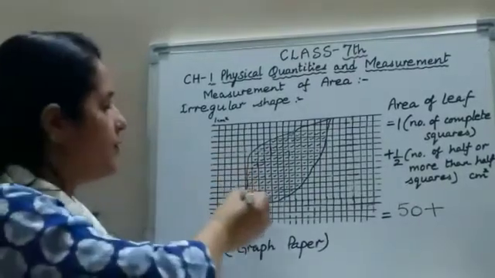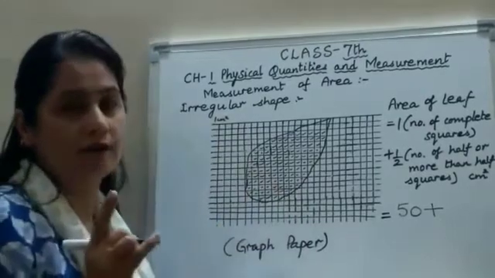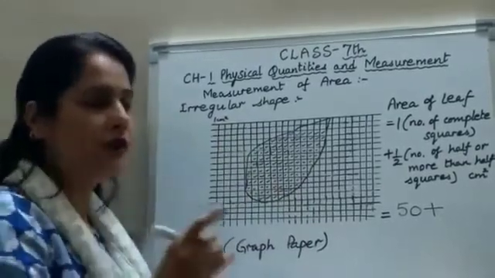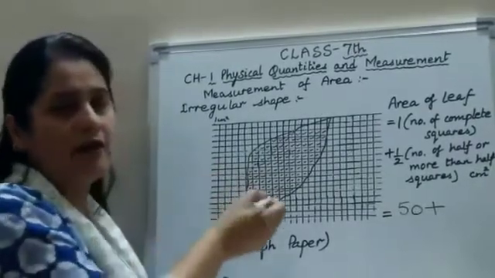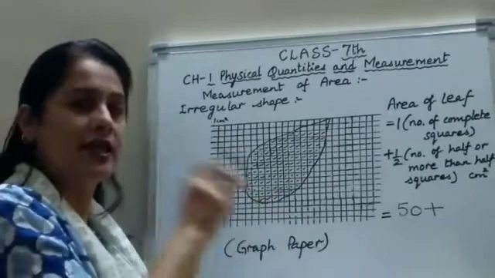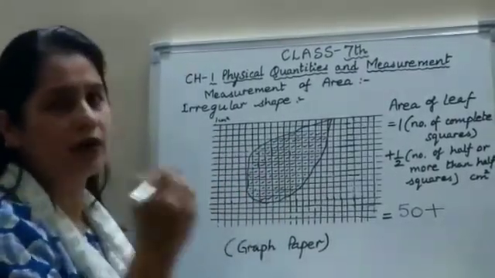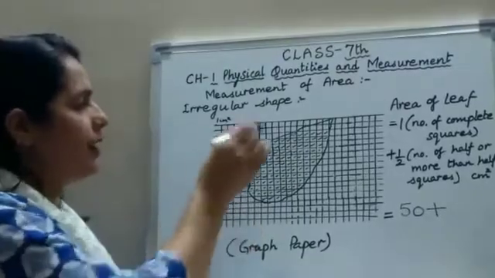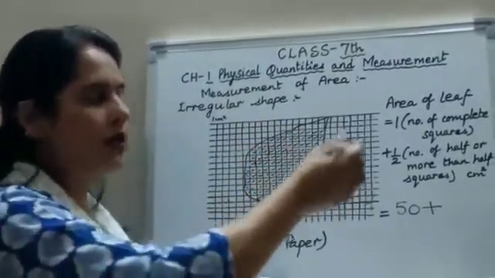Children, count the squares whose boundary is enclosing half or more than half. And you will ignore that square which is coming less than half in this boundary. You will neglect the less than half squares. So half and more than half. Let there be 20 squares, including half plus more than half.